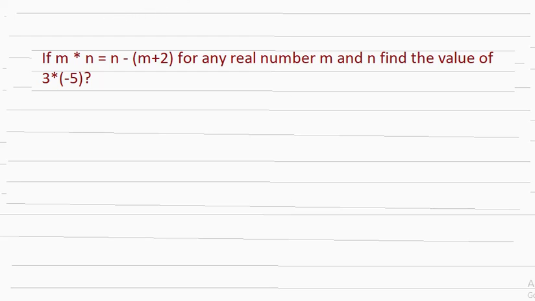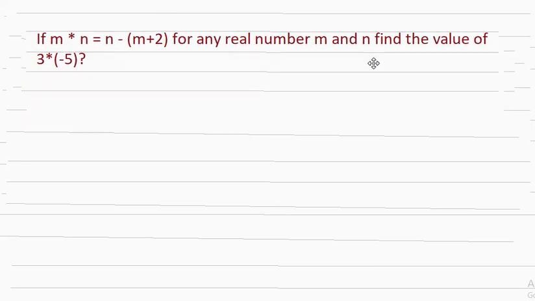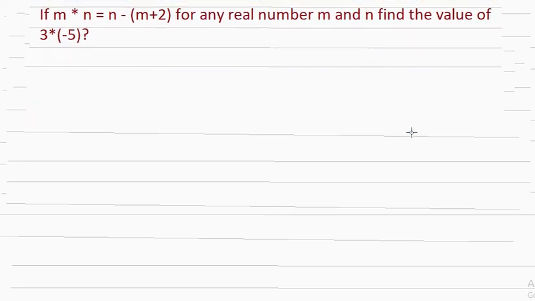Solution. If m * n is equal to n(m + 2) for any real numbers m and n, find the value of 3 * −5.